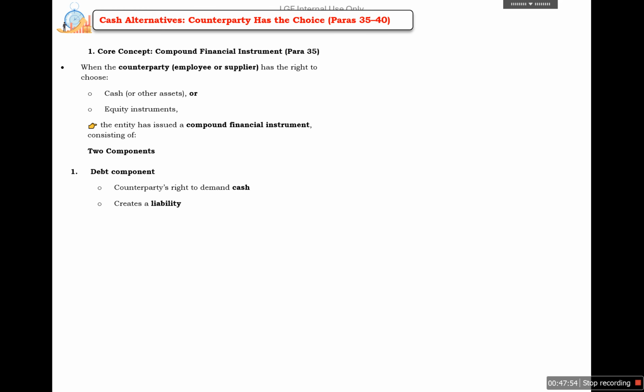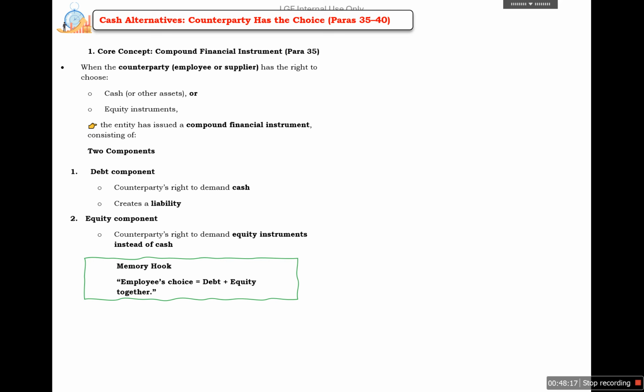One is the debt component, where the counterparty's right to demand cash creates a liability. The second component is the equity component, where the counterparty has the right to demand equity instruments instead of cash. So it's the employee's choice: debt or equity or together.